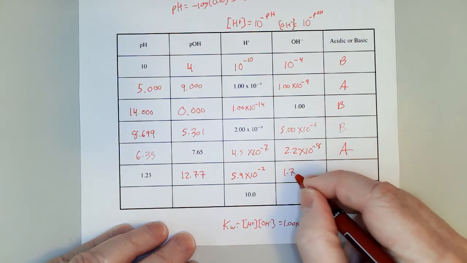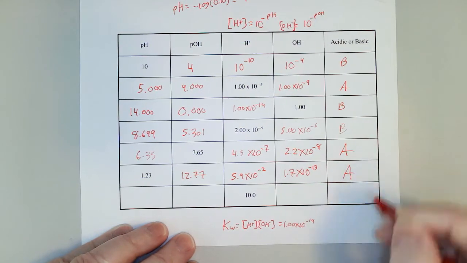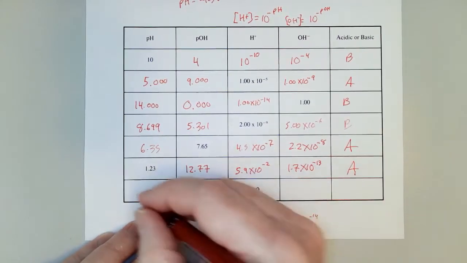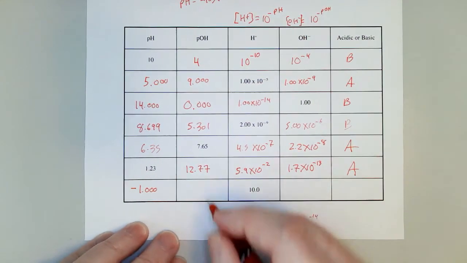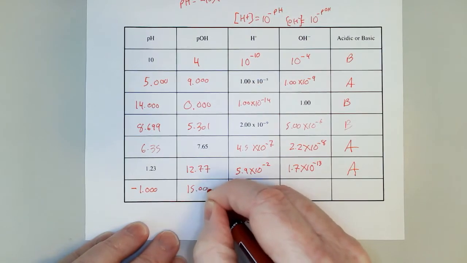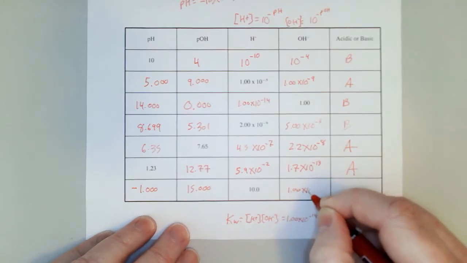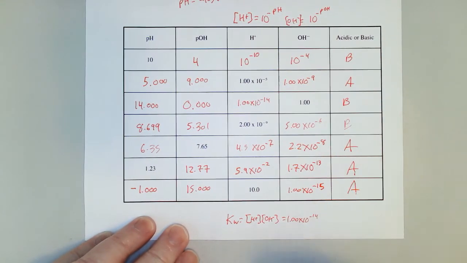And 1.7 times 10 to the negative 13. It's acidic. So if this is 10, this will actually be a negative pH, negative 1.000. So this is 15.000, and this is 1.00 times 10 to the negative 15. And oh yeah, that would be acidic.